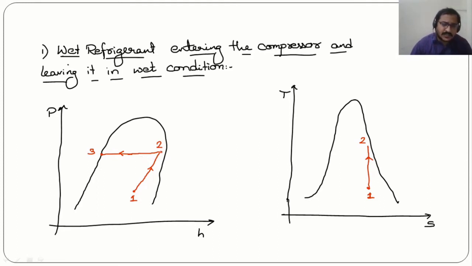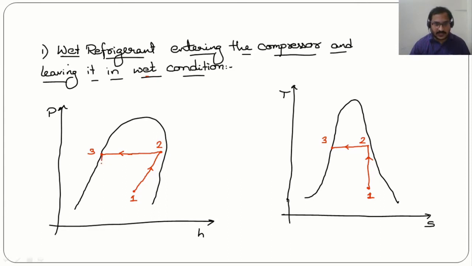Now here the second condition also is wet, because we have assumed that after leaving the compressor also it is in wet condition. Now process 2 to 3 in the TS diagram is also represented by a horizontal line, because there is a phase change from vapor to liquid state, and phase change usually happens corresponding to the saturation temperature, which is considered as constant. Then process 3 to 4 is throttling expansion, in which enthalpy remains constant.